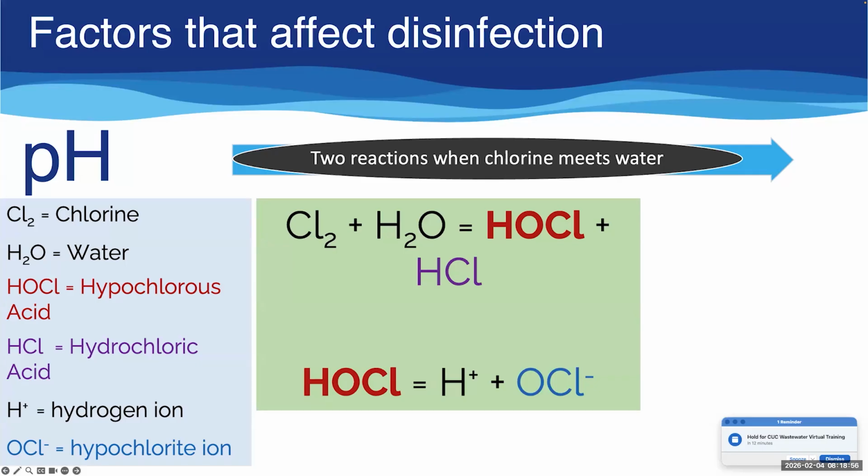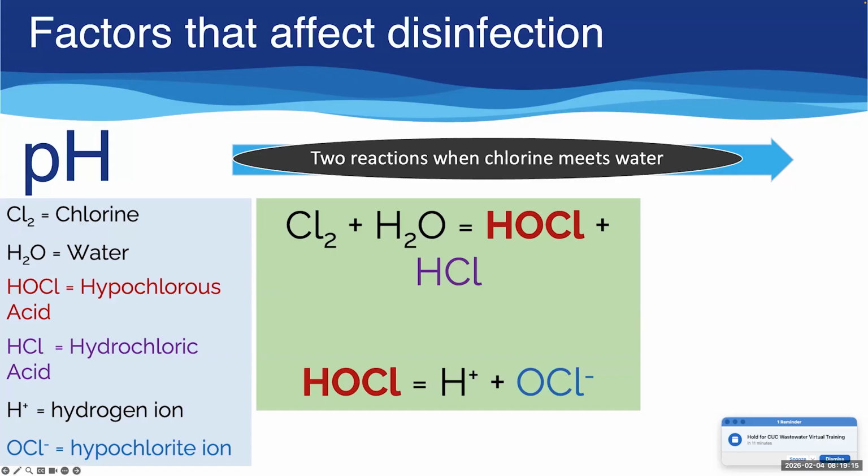And ideally, you want to minimize that second reaction, the one that's listed in the middle on the bottom, because hypochlorous acid, the HOCl that's in red, is the most effective version of disinfectant here.